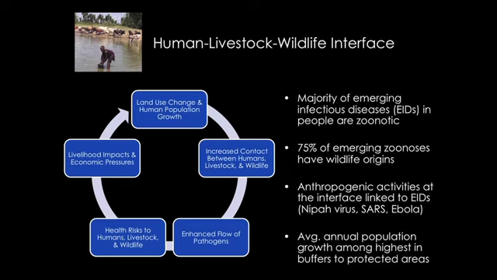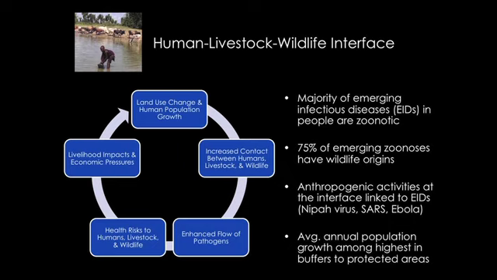This interface is really concerned with the huge land use changes around the world, population pressures, et cetera, et cetera. And this is really magnifying this interface, or the contact between people and their livestock, as people and animals live in more and more cramped quarters, and then interactions with wildlife.